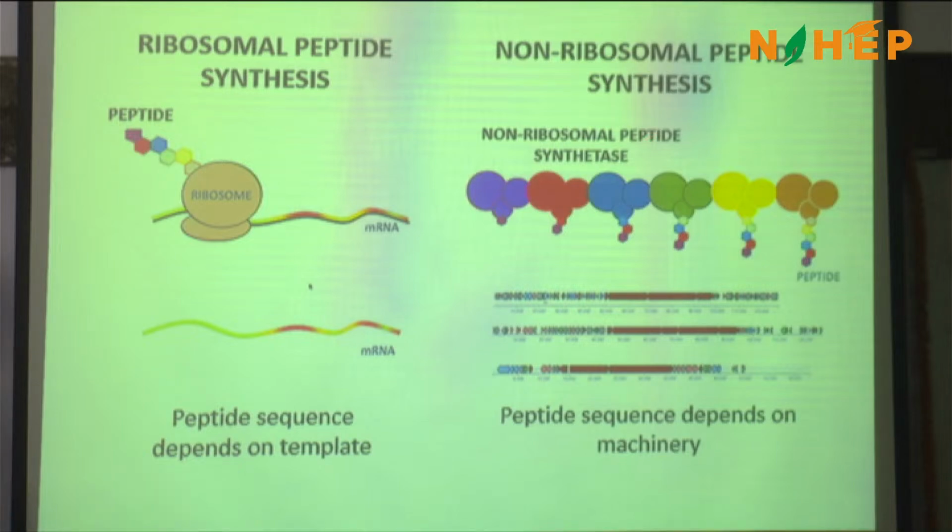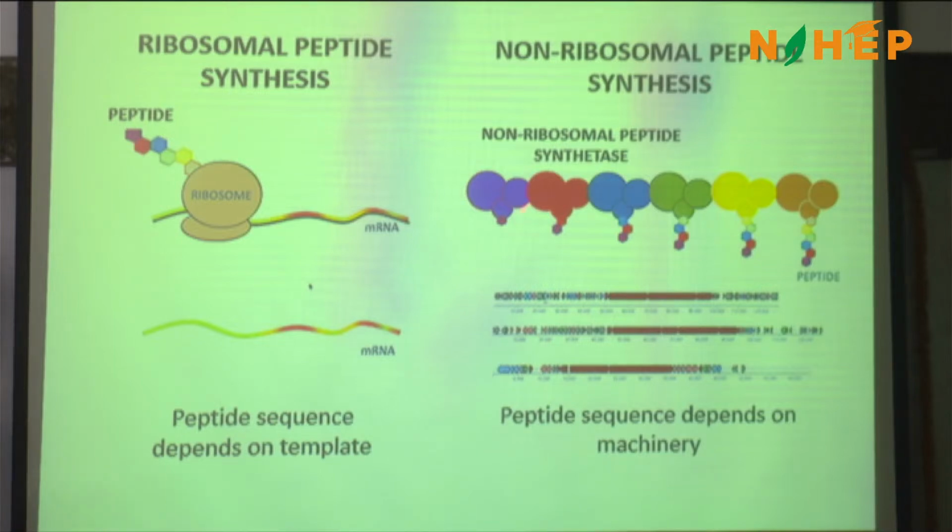Of course, they are encoded in the genome, and you get these not so big proteins. They are a kind of factory because they have different modules. And every module is totally independent of the ribosome. Each module of the protein will add a new amino acid to the chain to produce a secondary metabolite.